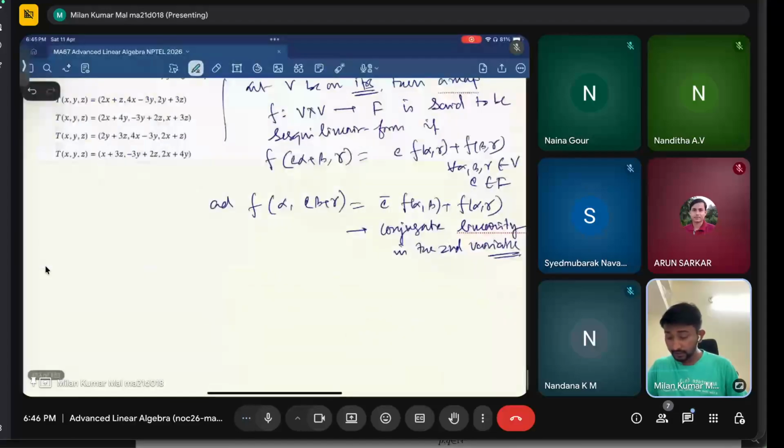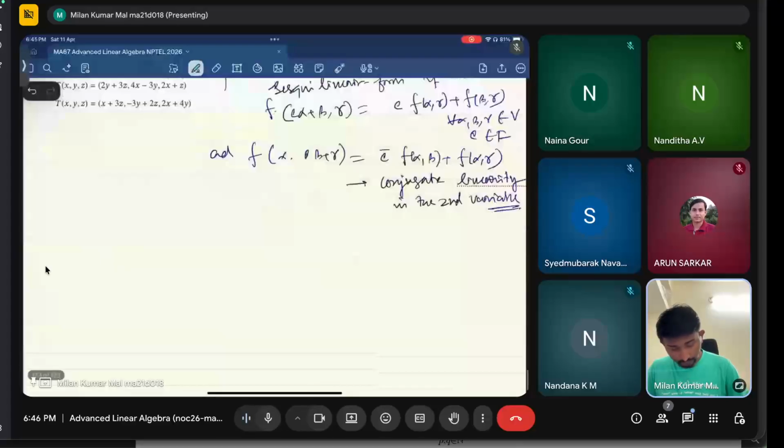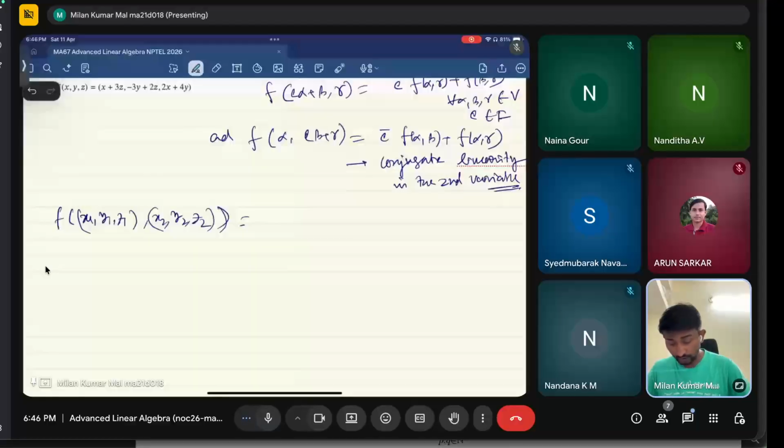This is given equal to 2x1 x2 plus 4x1 y2 minus 3y1 y2 plus 2y1 z2 plus z1 x2 plus 3z1 z2. Okay, this is what is given. So what is the question asked? The linear transformation T induced by F is given by.